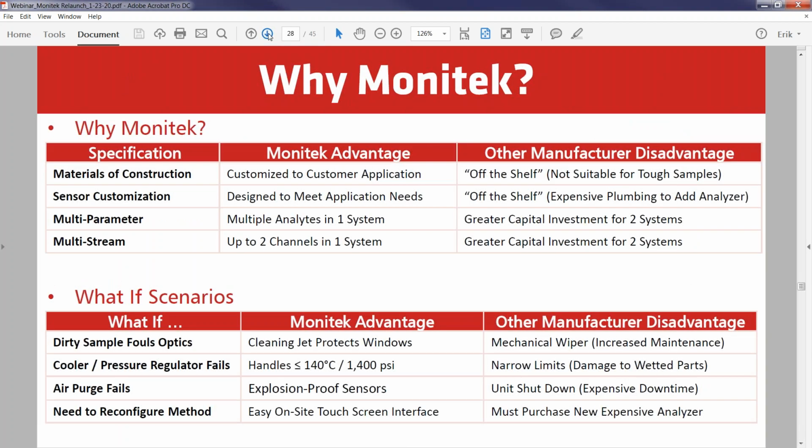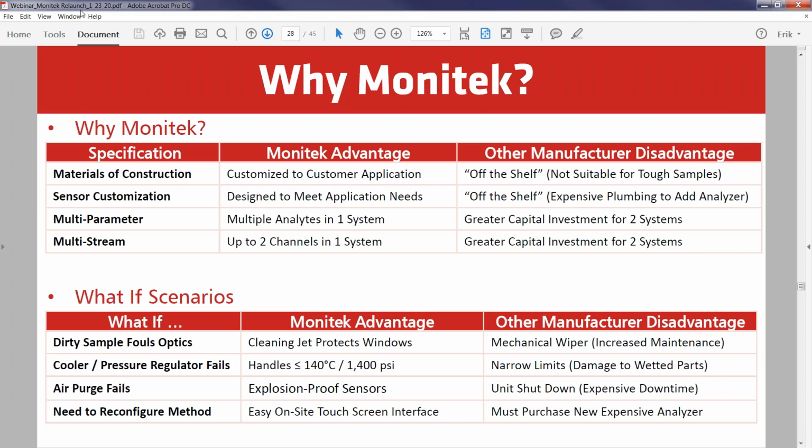So why Monitek? Again, materials of construction. We can do just about anything. Normally we're stainless steel, but Steve talked about the Teflon coat, the Teflon with the carbon impregnated version for a specific application. Because of the way that we operate, we're not off the shelf.